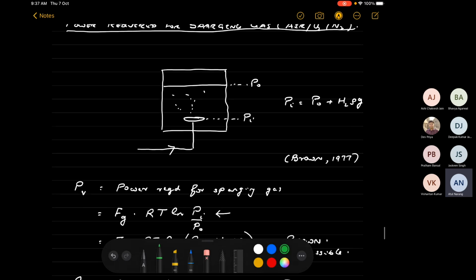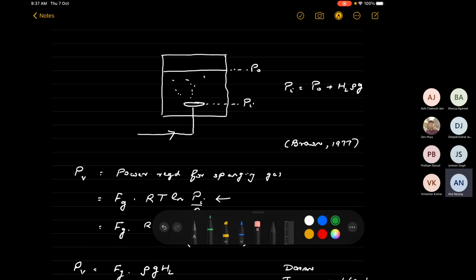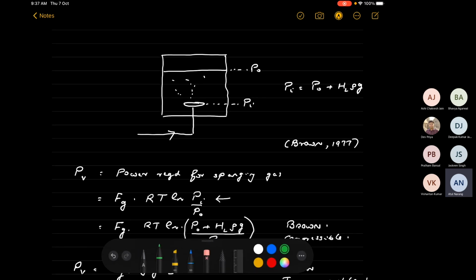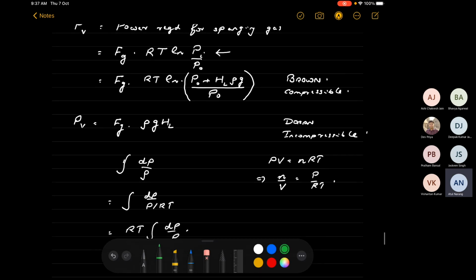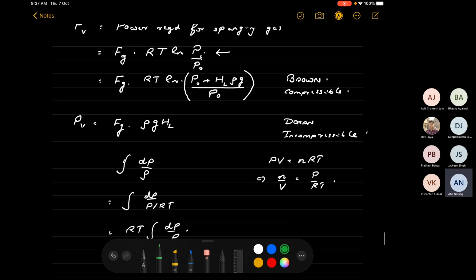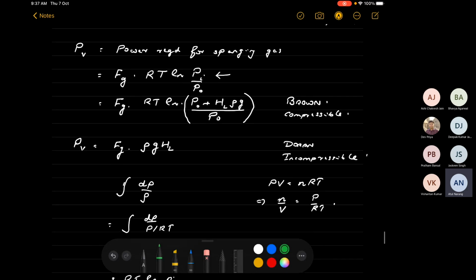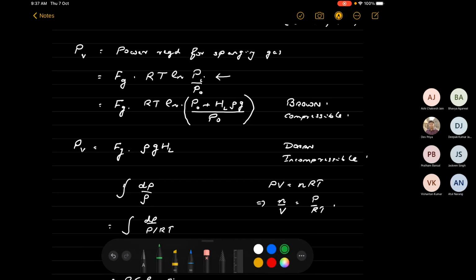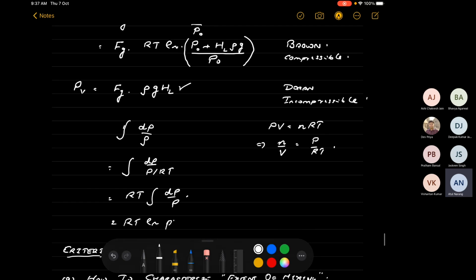Okay, so the next thing we did was power required for a gas. I actually need to take a look at this more carefully. I know that something is wrong with Doran's work, and I think I tried to explain to you. This is the formula in Doran, and I suspect somebody needs to check that this will work. I did the integration.